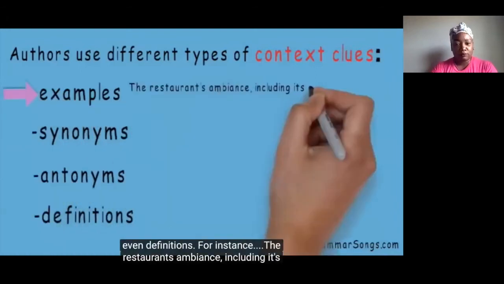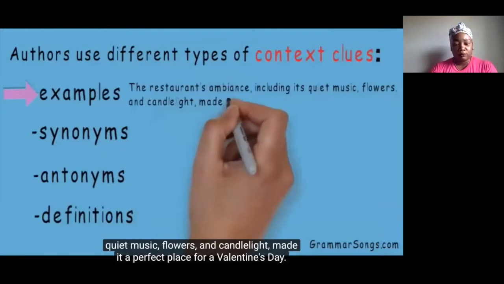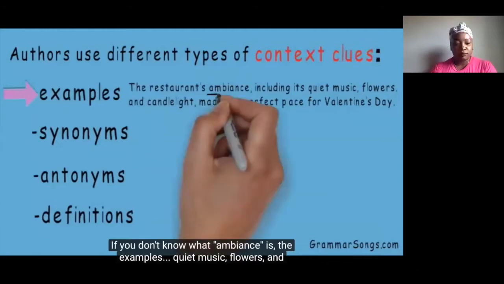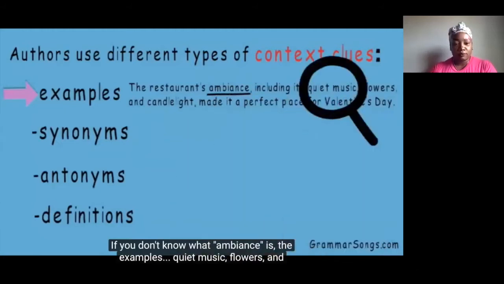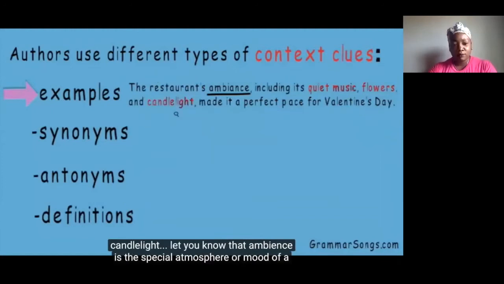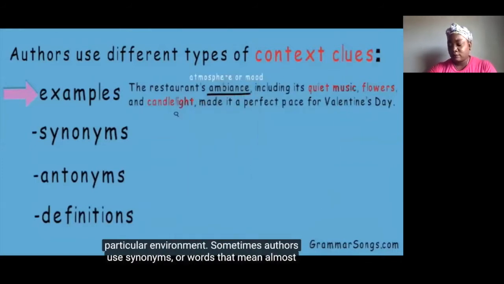For instance, the restaurant's ambiance, including its quiet music, flowers, and candlelight, made it a perfect place for Valentine's Day. If you don't know what ambiance is, the examples, quiet music, flowers, and candlelight, let you know that ambiance is the special atmosphere or mood of a particular environment.